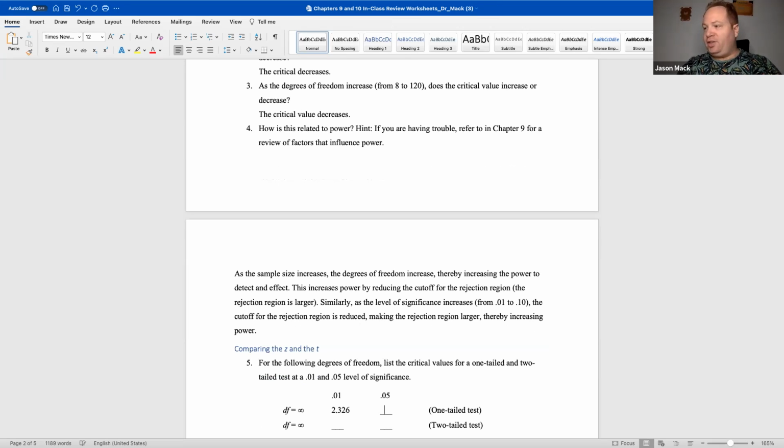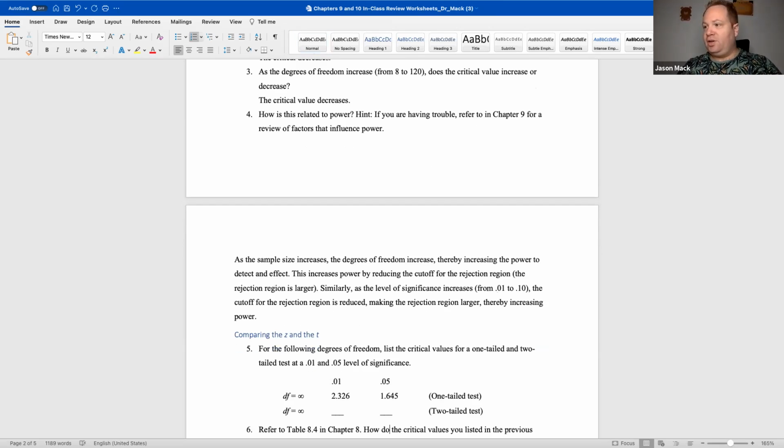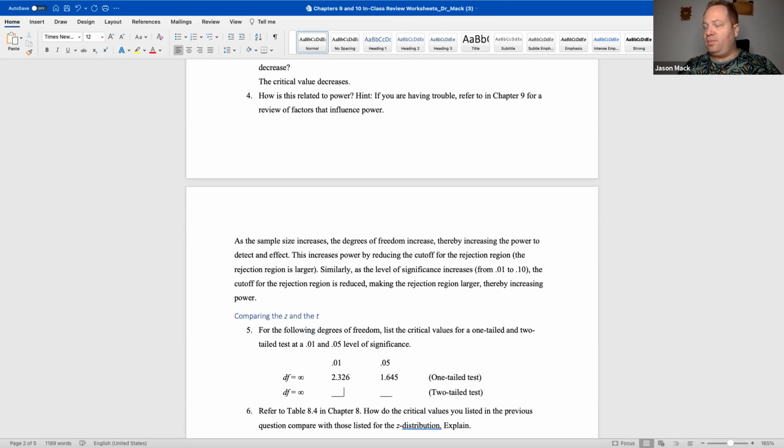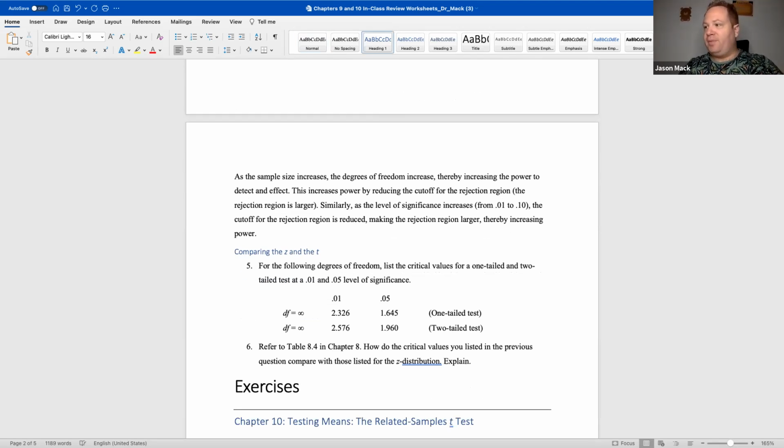Again, check this against the unit normal table. At 0.05 it would be 1.645 for a one-tailed test. And for the two-tailed tests, this would be 2.576, and this would be 1.960. Again, you're just looking at that.